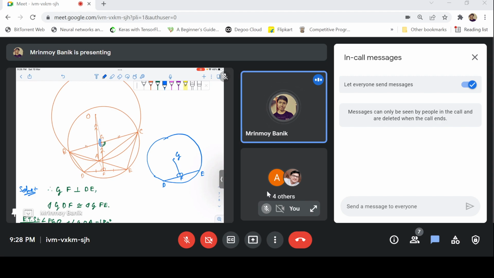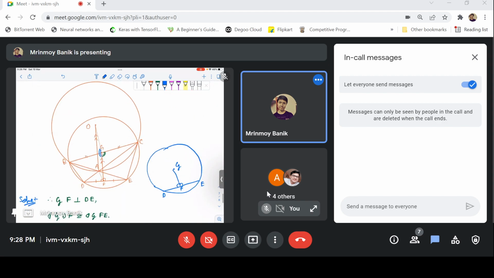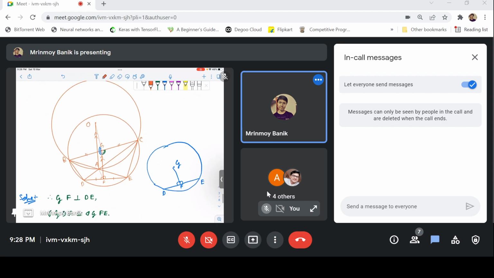Understood. Some diameter. So this angle and this angle add up to 180.